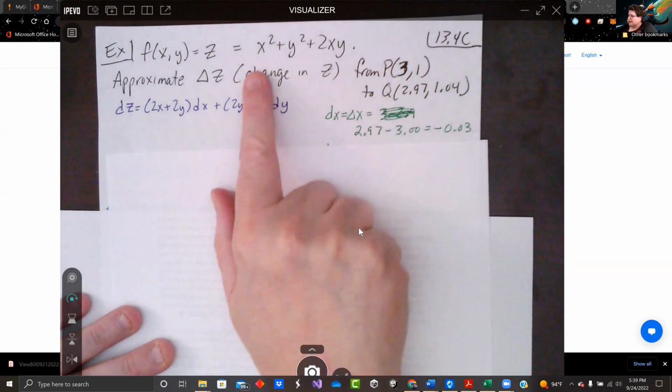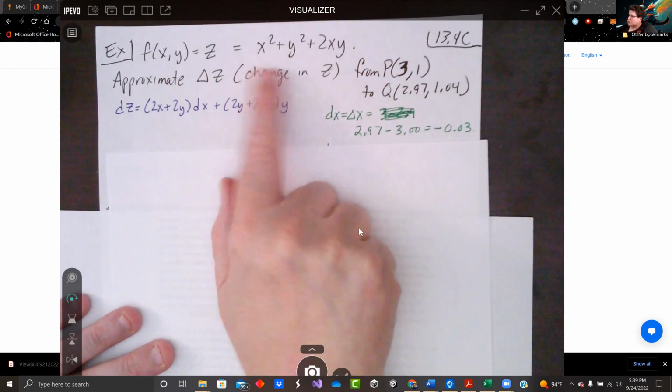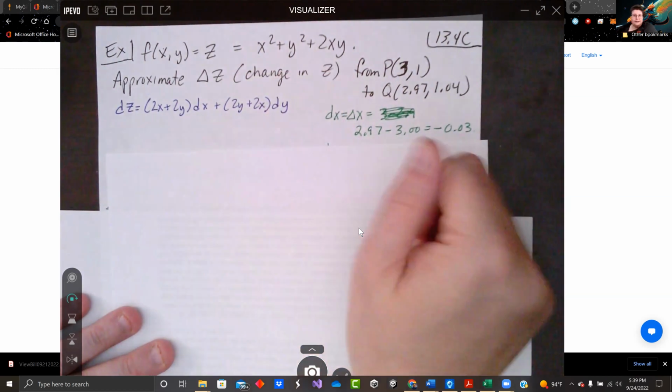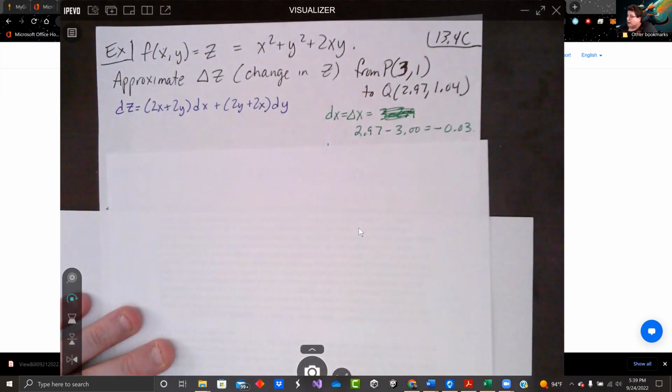I can do this without looking at it: 3 squared is 9, plus 1, plus 2 times 3 times 1 is 16. z is 16. I can't do the same thing with 2.97, 1.04.